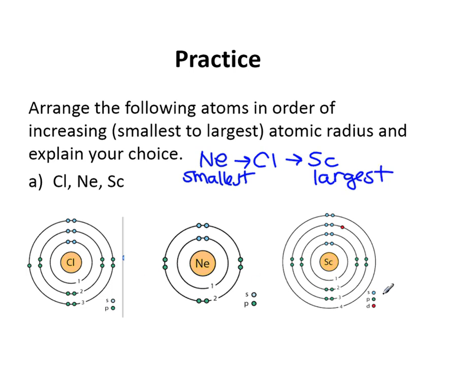Visually looking at them, you can see that neon only has 2 energy levels. So you can see that its radius is going to be smaller. It has the fewest number of electrons as well, but only 2 energy levels. When you look at chlorine over here, it has 3 energy levels.